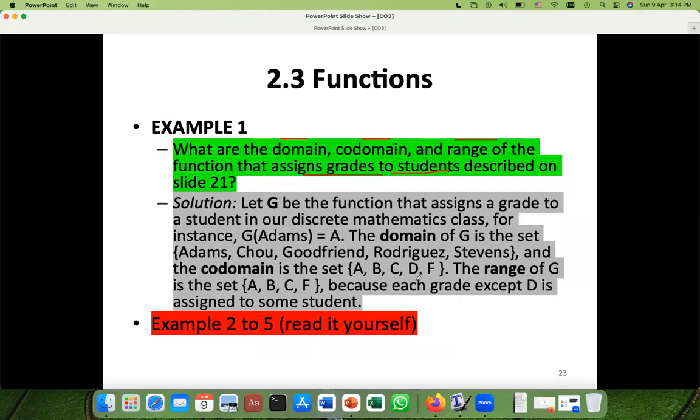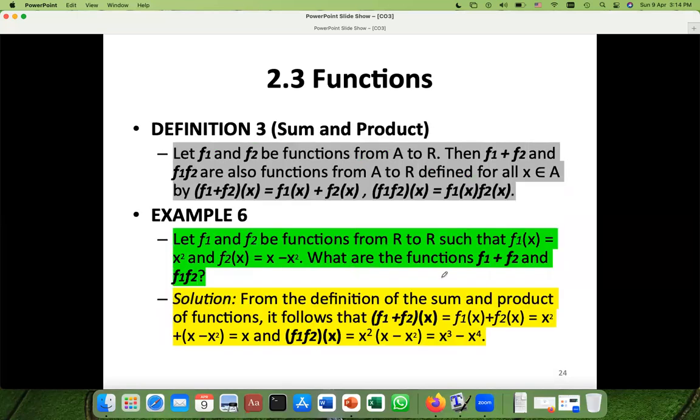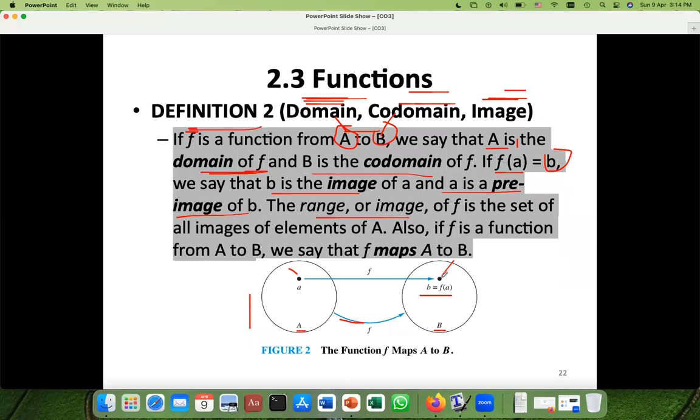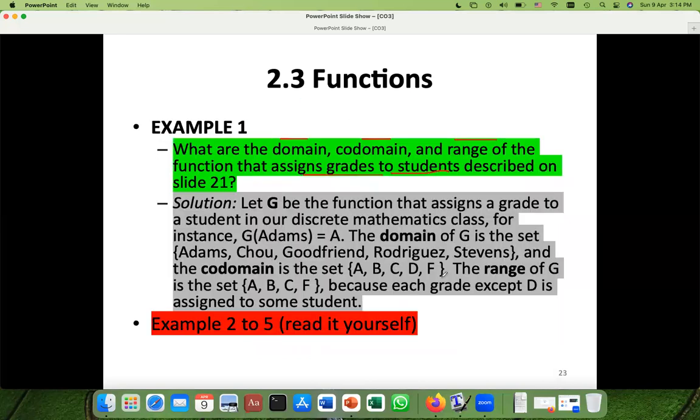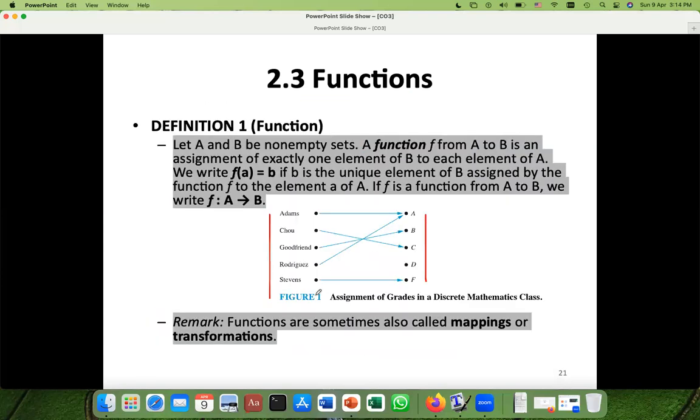Anyhow, the codomain is the whole B set, A, B, C, D, and F. D is one thing which was not assigned in that diagram, and the range or image of G is what? A, B, C, and F, which are exactly assigned, exactly connected.